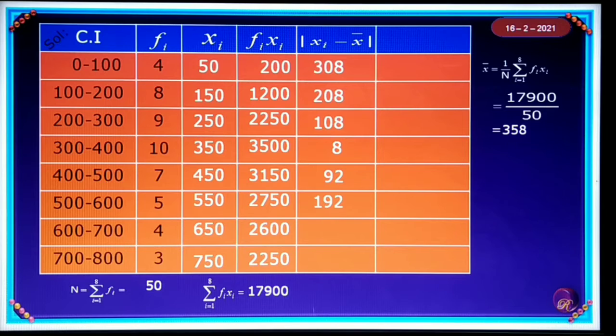Absolute value of 650 minus 358 is 292. Absolute value of 750 minus 358 is 392.